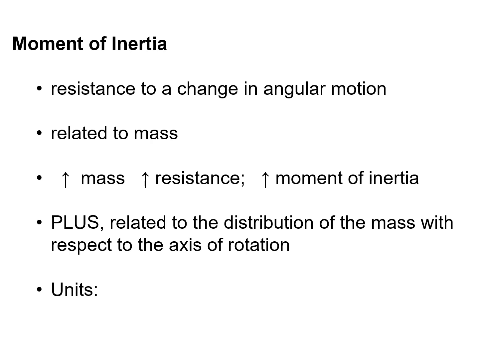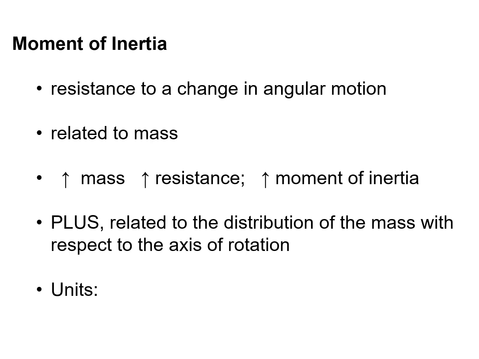So if something has more mass than another object, it's harder to change its angular velocity or its angular motion. Plus, it's also related to the distribution of mass with respect to the axis of rotation.